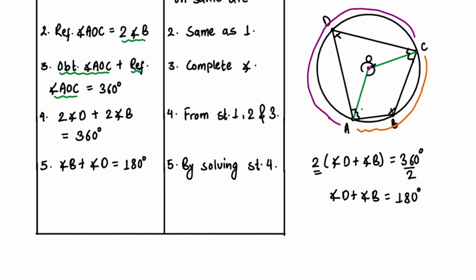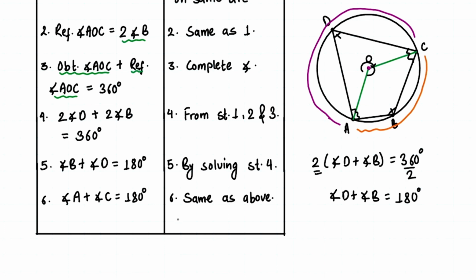Similarly, we can also prove that angle A plus angle C is 180 degrees by joining this D with O and O with B. But we are not going to do all those stuff. We're going to write directly in our number 6, angle A plus angle C is also equal to 180 degrees. And our reason is going to be same as above.